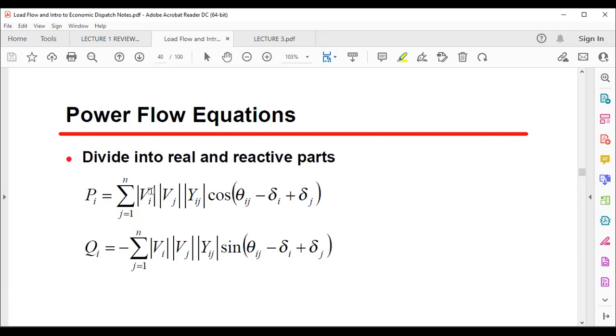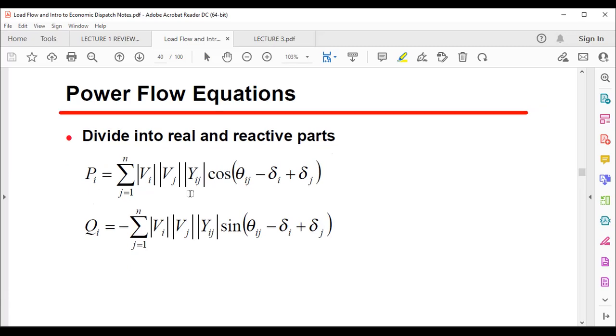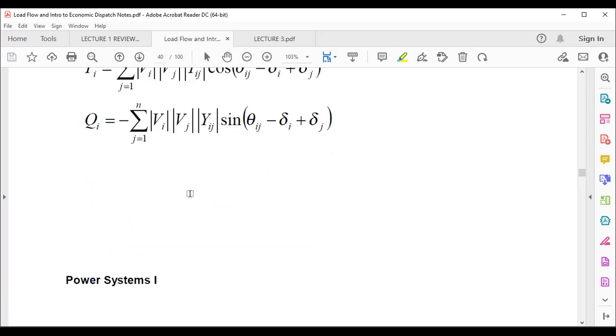So either we know the voltage and the phase angle, or we know the power injected, both Pi and Qi. Since we always have two values known, this set of equations will be two equations and two unknowns, which can be solved using one of the nonlinear techniques. And for our case, we are proposing to take the superior method, which is the Newton Raphson technique.